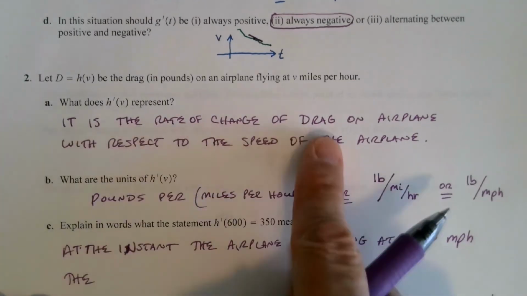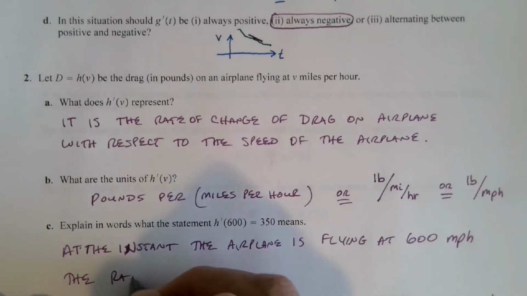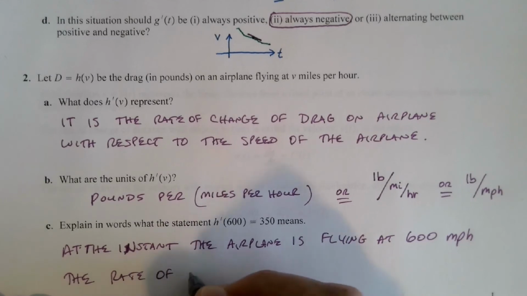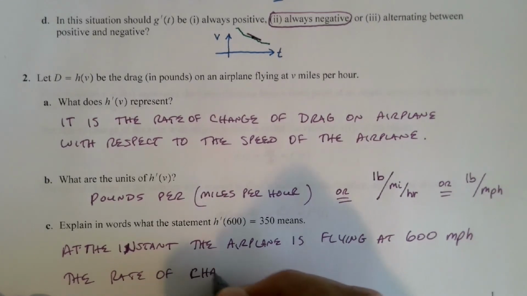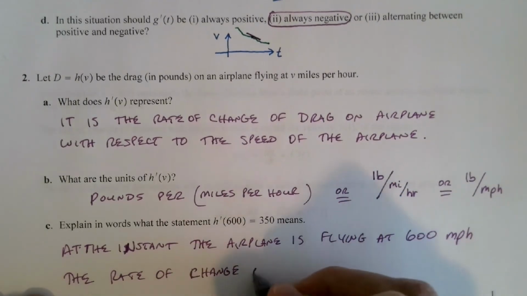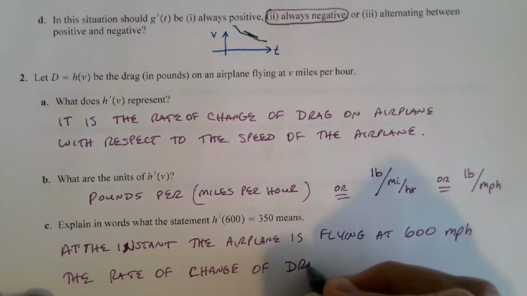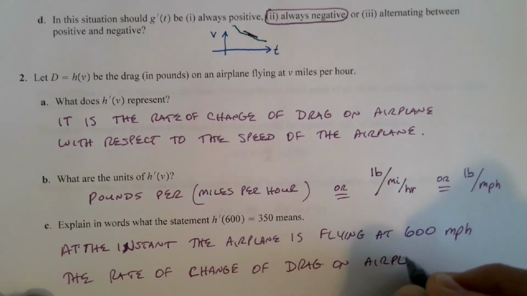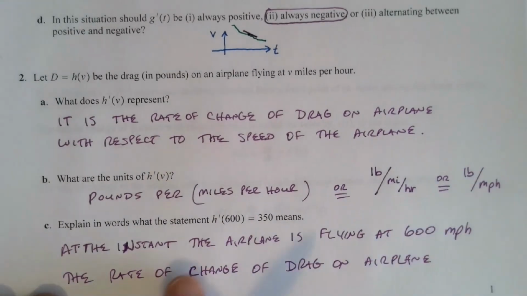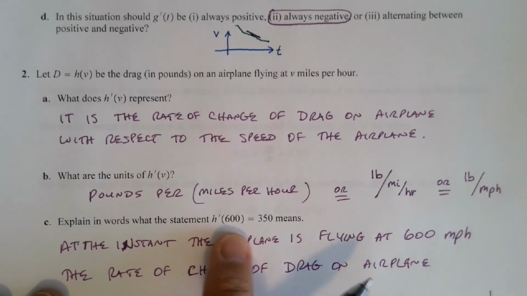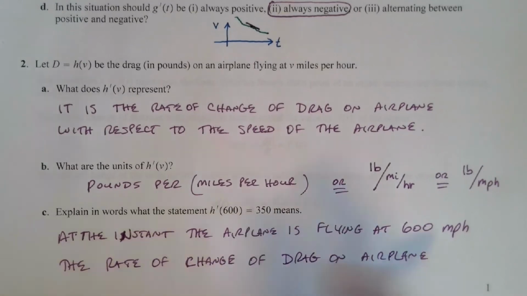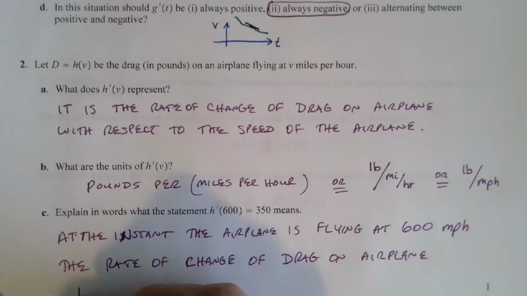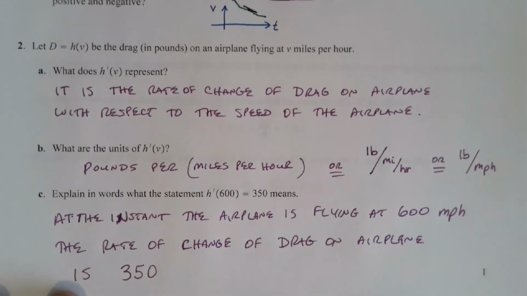We just said it, the rate of change of the drag on the airplane. So what this represents is 350. But what are the units? 350 what? Is this pounds?